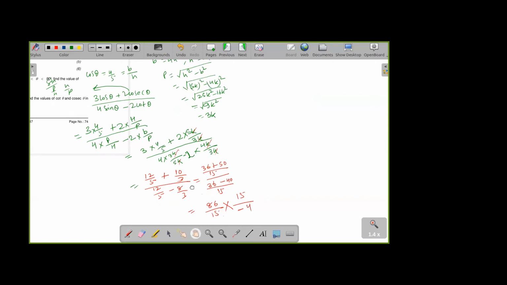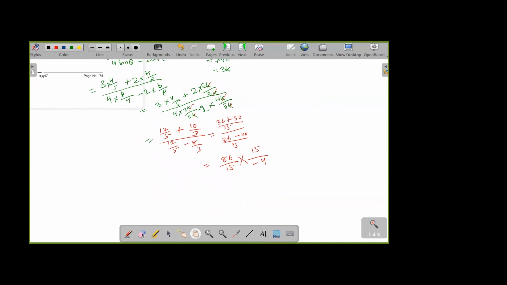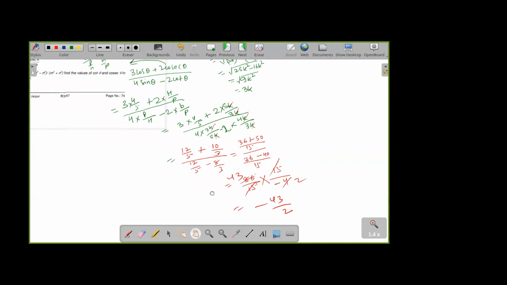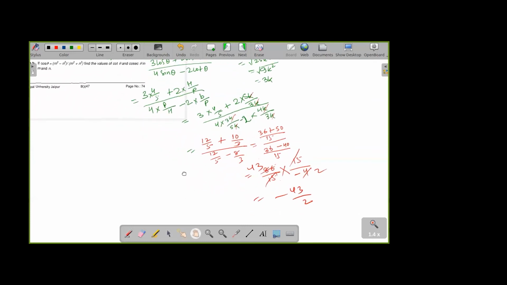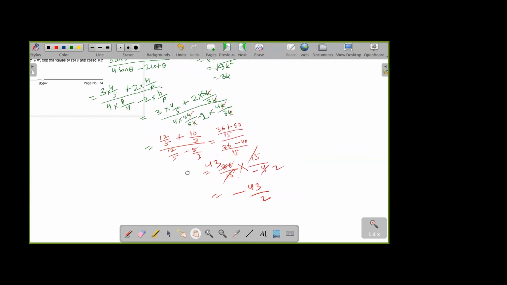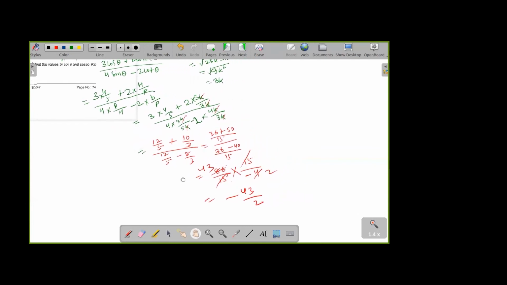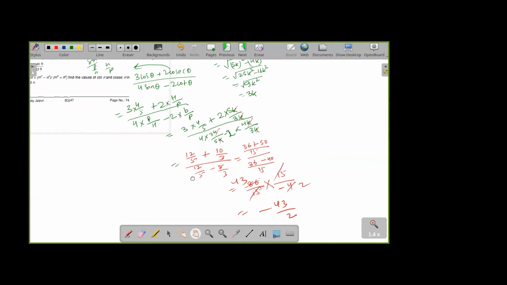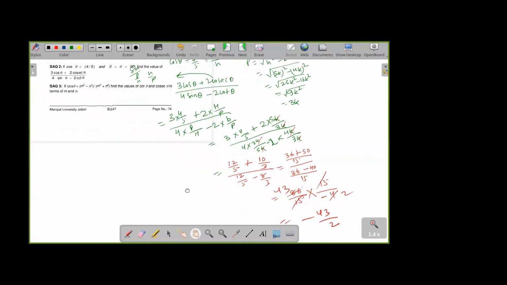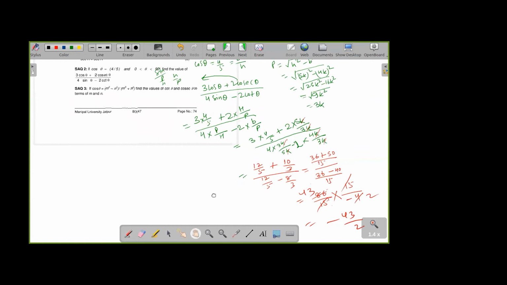Okay, so this we can cancel out, and if we cancel this, it will be 43 by 2. Okay, if the answer does not match, there may be some calculation mistake. If it does not match, then bring it back to me, or you can also solve.